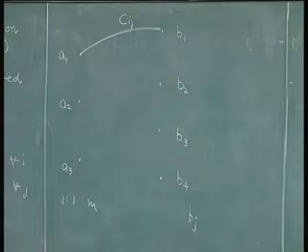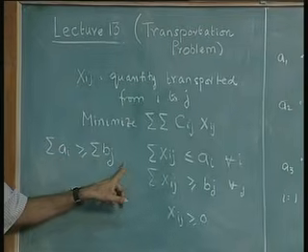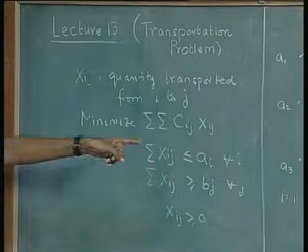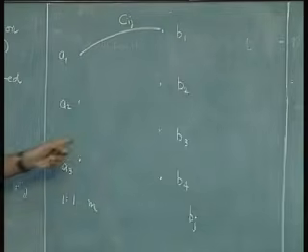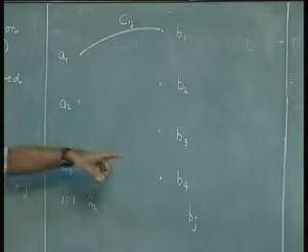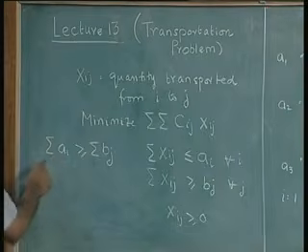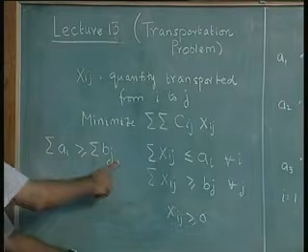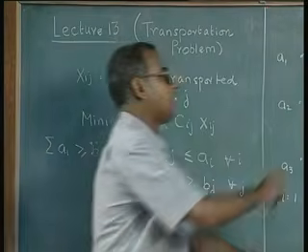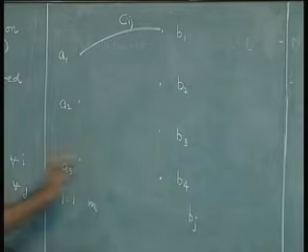If sigma Ai is strictly less than sigma Bj, which means the total availability is less than the total requirement, then obviously all the requirement cannot be met. So, we right now assume that sigma Ai is greater than or equal to sigma Bj, so that the requirement of all these points are met.